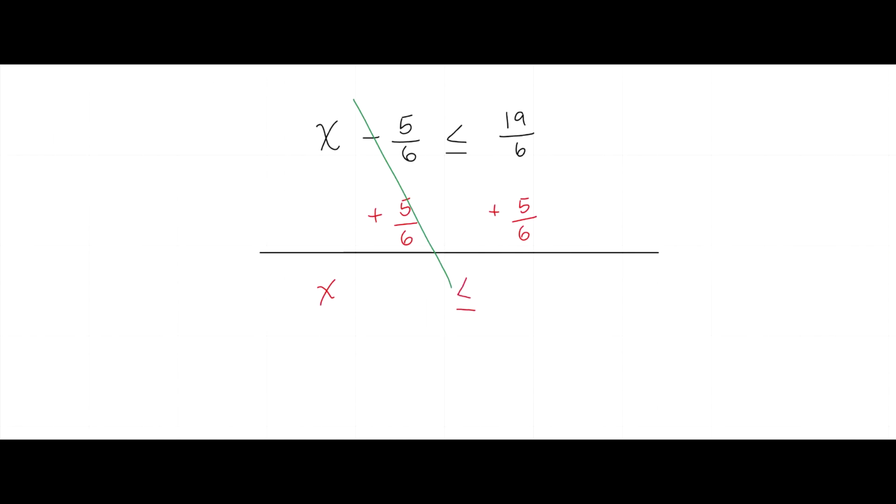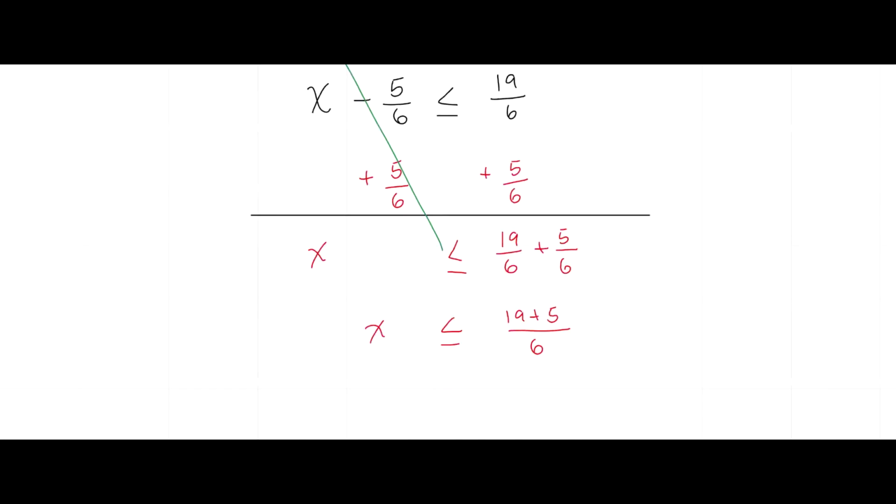And let's combine these two fractions. Since these two fractions already have a common denominator, we're going to combine them. Add up 19 plus 5. Keep the number 6 at the bottom.